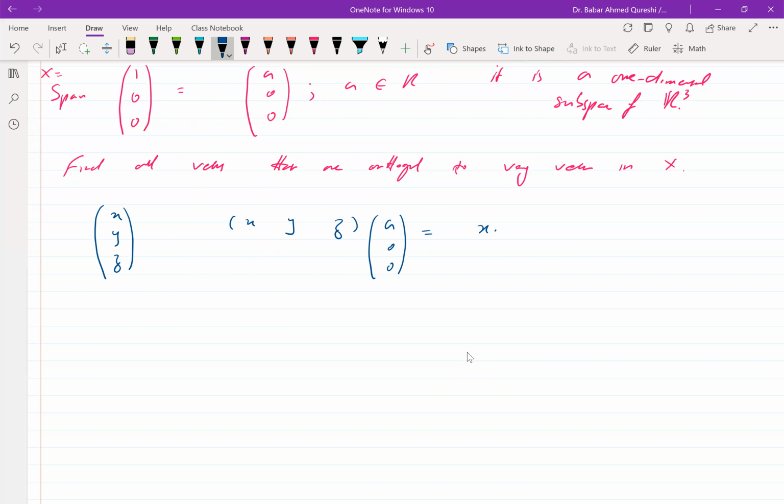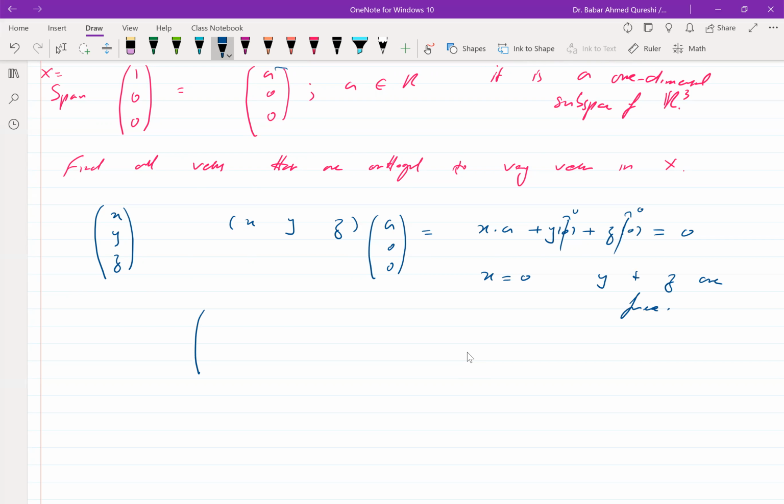So I get X times A plus Y times 0 plus Z times 0 has to be 0. Now this is already becoming 0. So all I get, A is not 0 because A is an arbitrary number which appears here. So this means X must be 0 and Y and Z are free. They can be anything.